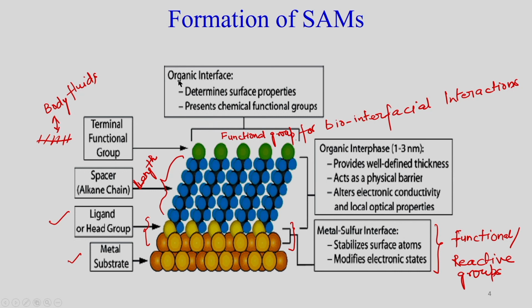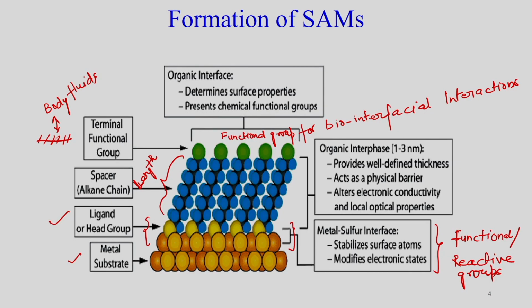So, these terminal groups determine the surface property and the chemical functional group. It means what kind of protein surface interaction or cell surface interaction will take place will be decided, or regulated, by this terminal group in the case of a modified surface.